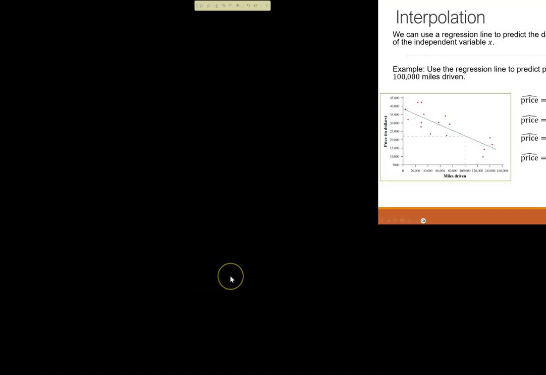Now, are all predictions equally good? Is any prediction we make using a regression line going to be a valid prediction? No. There are 2 things you would want to check to make sure the prediction is valid. One, is your regression line even a good fit to the data?